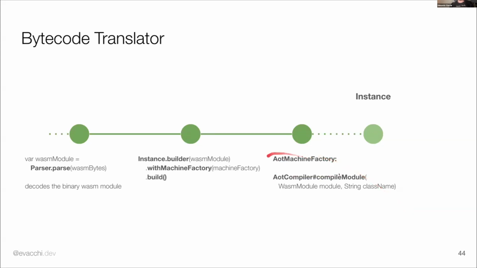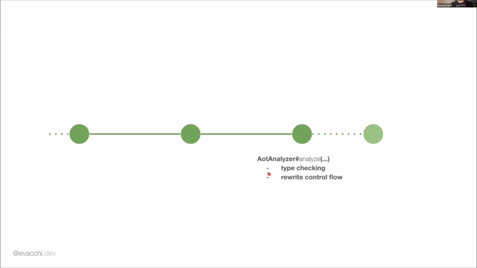What happens for the AOT machine factory is that the module is translated on the fly, as I mentioned already, into Java bytecode, and then that bytecode is executed. And the process for doing this translation is pretty lightweight. Besides some light type checking that we do in order to make sure that we're using the JVM stack properly, then we just rewrite the control flow.